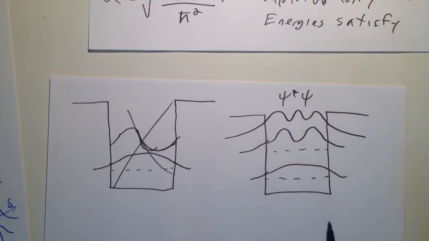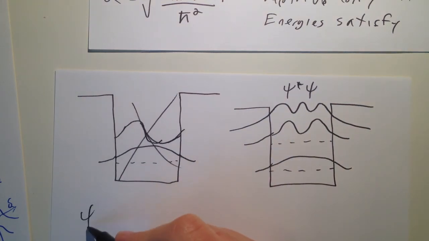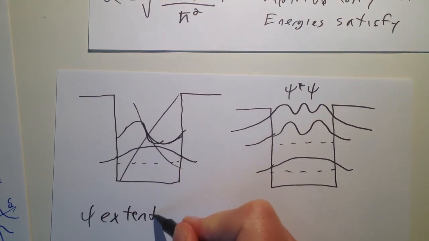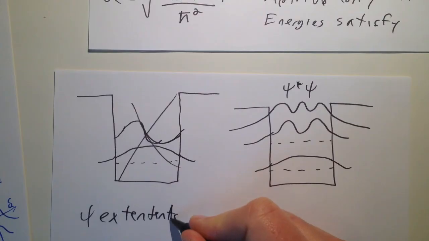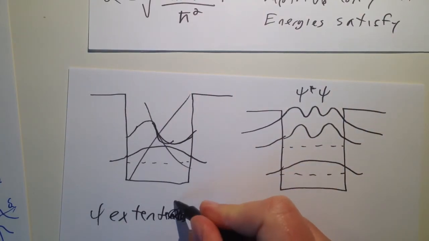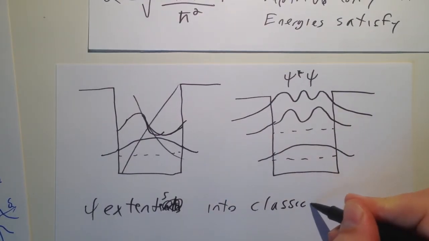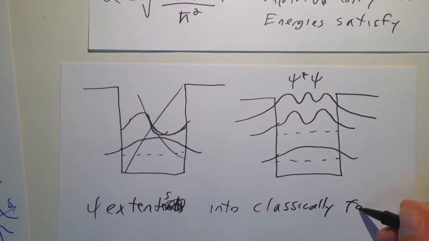And you'll see that if I look at these different energy states, there's some probability that we find the particle inside the well, but there's some probability we'll find the particle outside the well. So that's one of these amazing things we'll notice about quantum mechanics, that the wave function extends into the classically forbidden region.